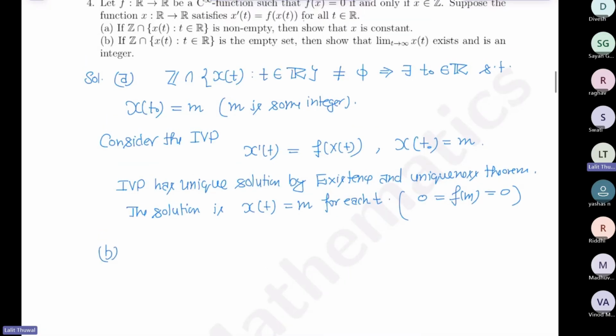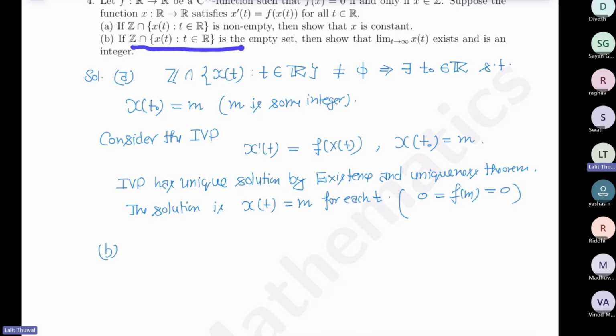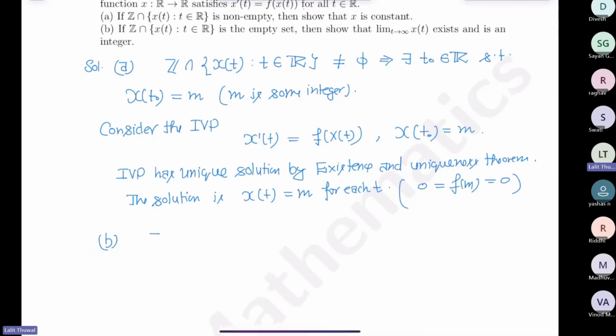Okay. Now, suppose this is an empty set. Then we need to show that the limit of x(t) exists and is an integer. This is more interesting. So see, this being empty, what does this imply?